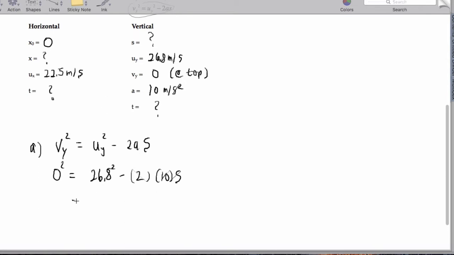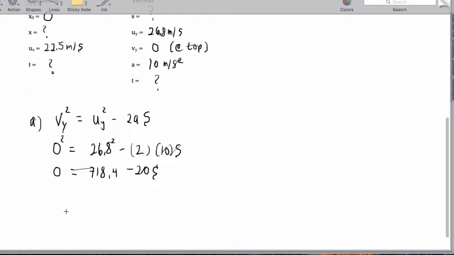And that's going to give us 718.4 minus 20s equals 0. When we isolate s, that's going to give us 35.9 meters.